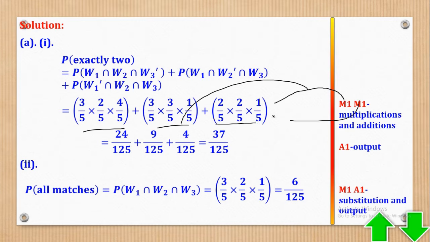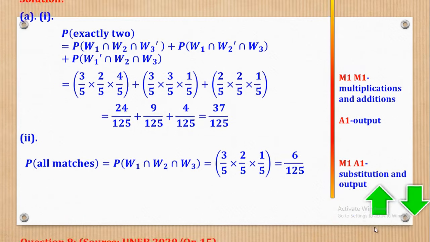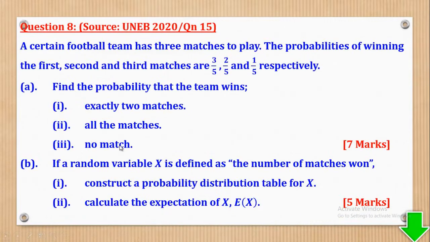Then this one is adding all the 3, and this is for the output. This one is for these substitutions, and this is for the output. Roman 3, they wanted the probability of winning no match.